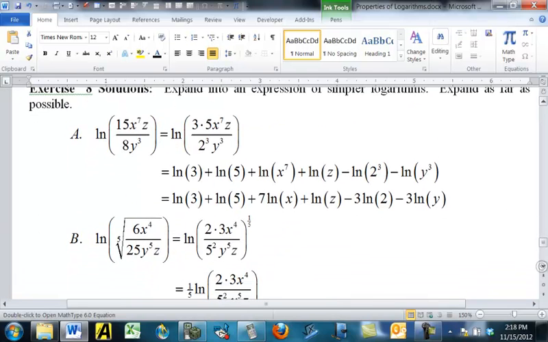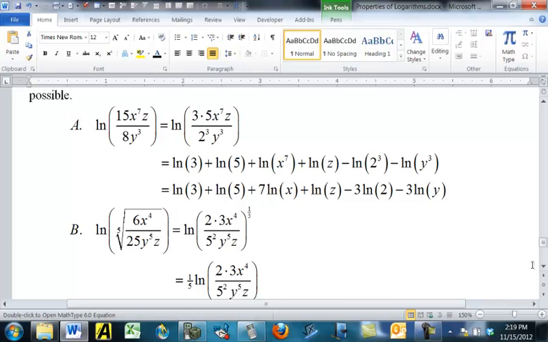Alright, check 8 first. Right, 15 is 3 times 5, 8 is 2 cubed. Now we have a bunch of things multiplied together there, so we can break it into different logarithms. Log of 3 plus log of 5 plus log of x to the 7th plus log of z. Then the ones in the bottom have minus, so it's minus log of 2 cubed minus log of y cubed. And there's ln to begin with, so these are all ln's, in other words, log base e.